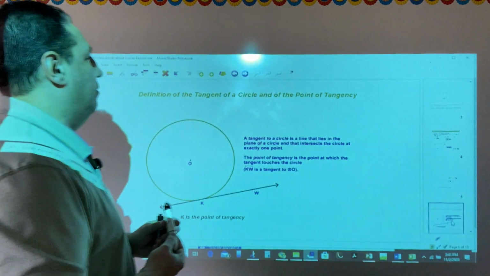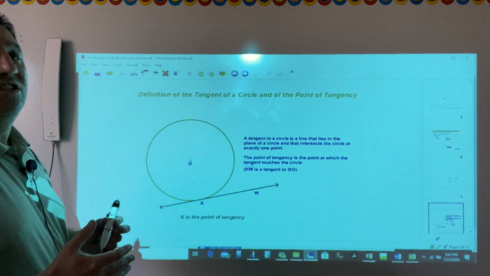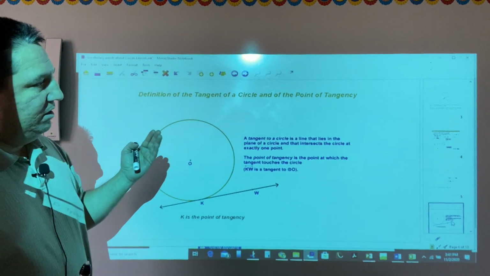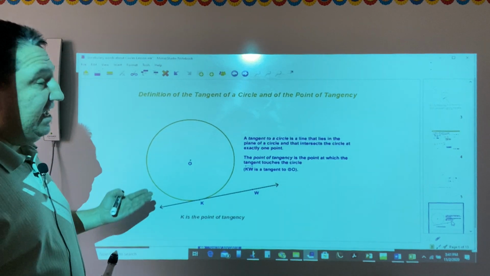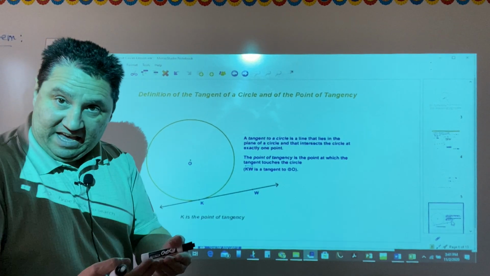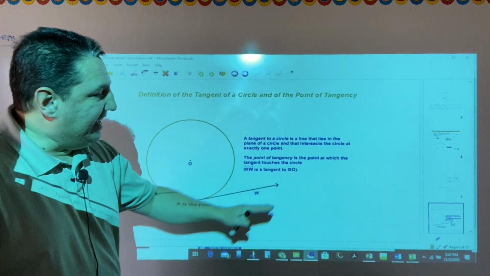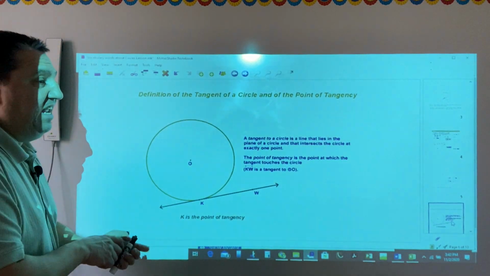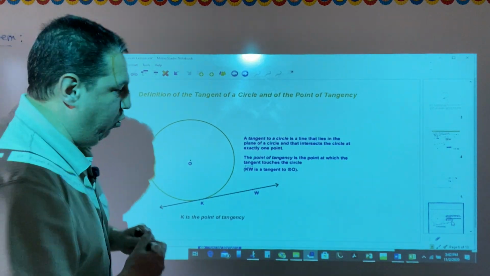Another part of a circle is the so-called tangent. Tangent of a circle is again a line. Do you see here? These two arrows indicate this is a line. It is a line that intersects a circle in exactly one point.